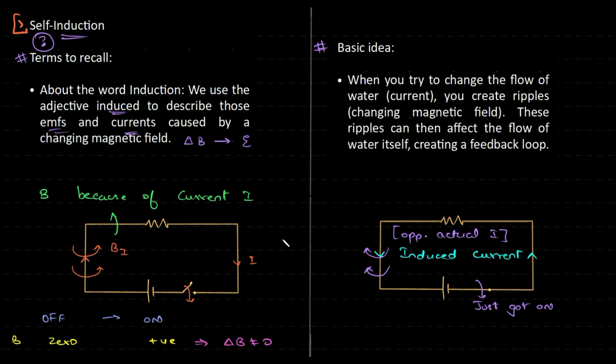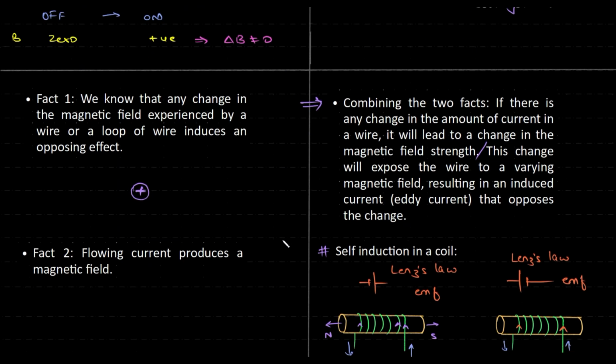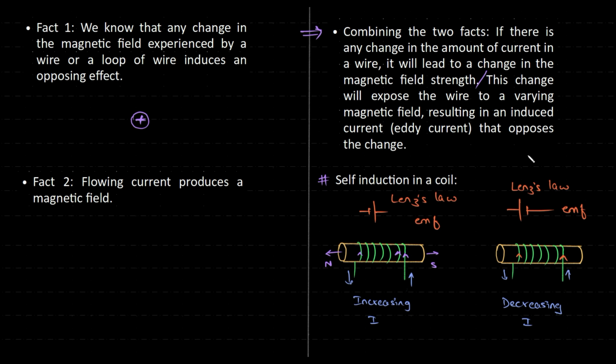That we know for a fact. So when this is happening, is it not possible that we have a changing magnetic field? Can it lead to induced current? It does. And a wire doing it to itself is your self-induction, right?